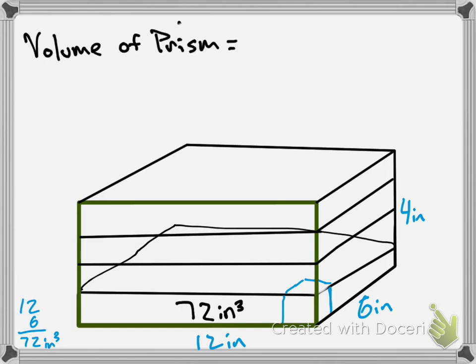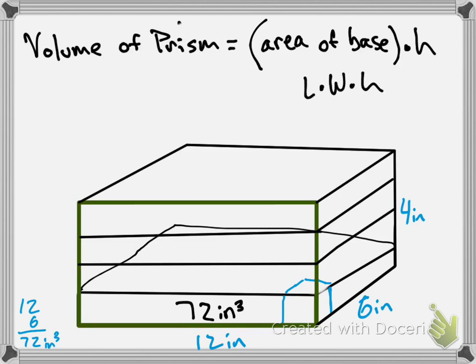In this case, we're going to describe this as the volume of the prism is equal to the area of the base shape. In this case, our base shape was a rectangle, and we're going to multiply that by how tall, or the height of our base shape. Again, because this was a rectangular shape, the area of our base is just length times width, and then we're going to times that by height.